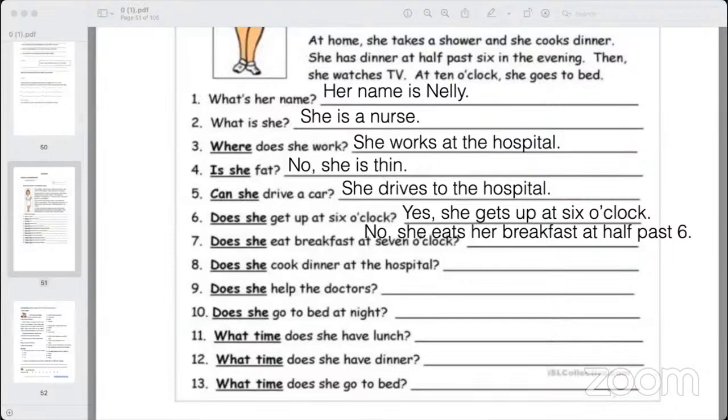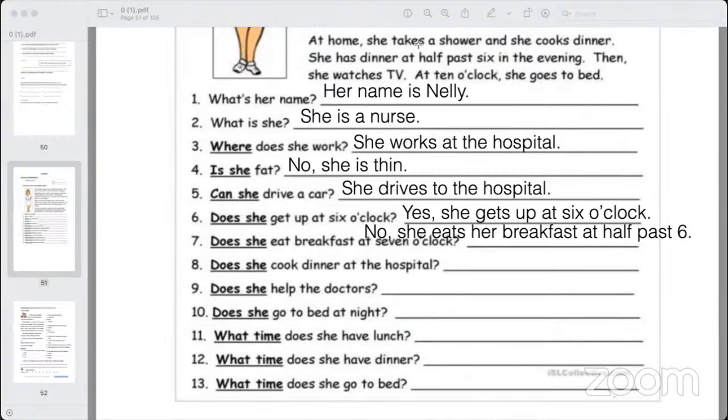Okay, right. So the question is asking you, does she cook dinner at the hospital? Where does she cook dinner? At 8 o'clock.